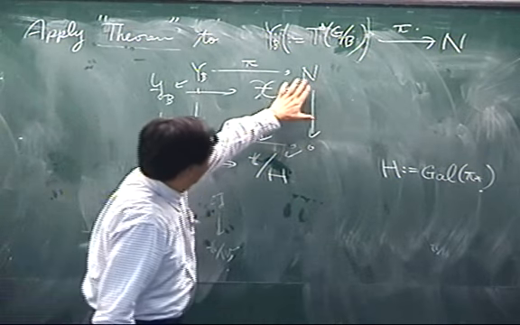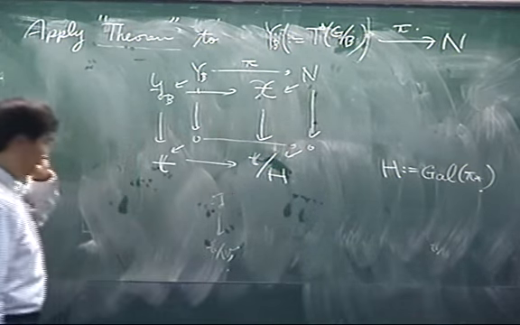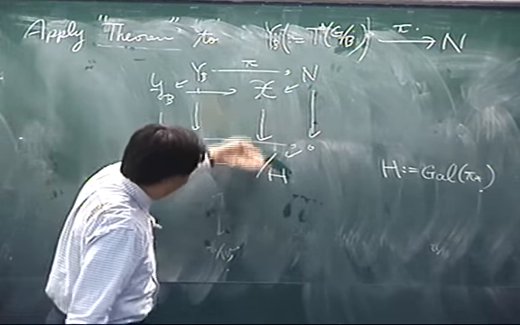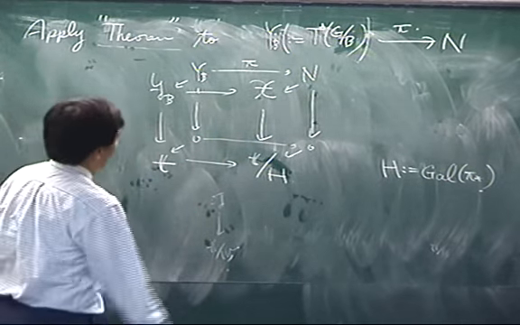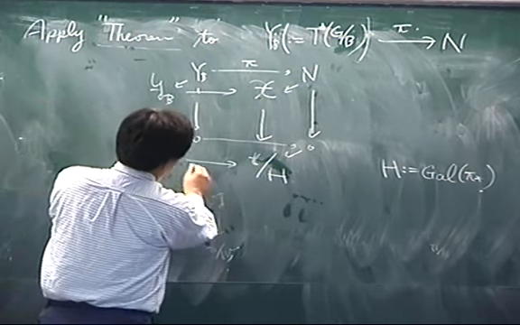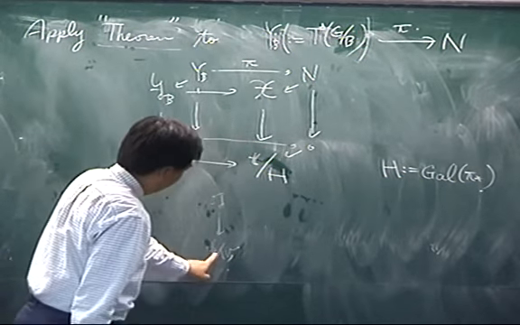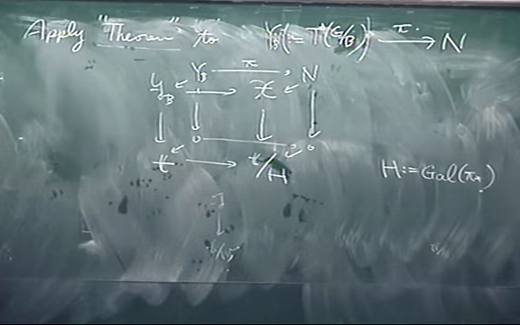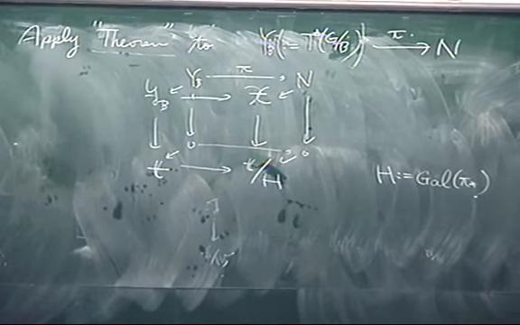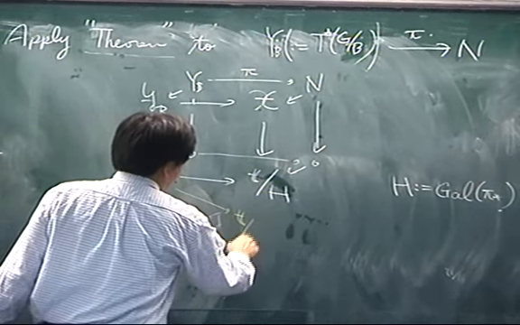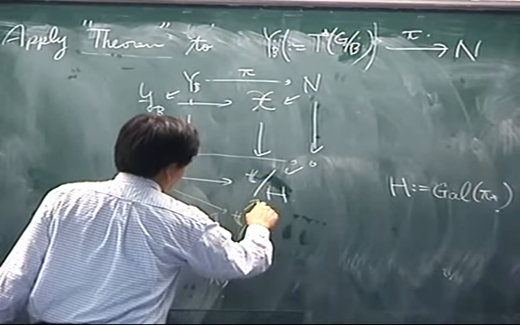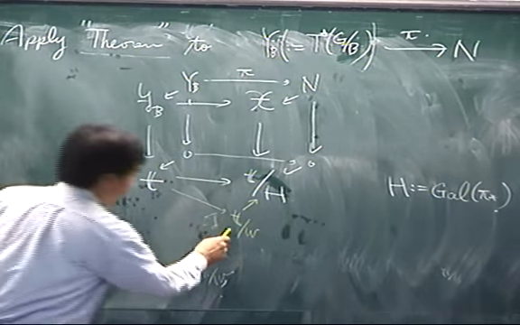This is also a Poisson deformation of N. But by the universality, this map factorizes through T mod W. So by the universality, this map should factor through this space.